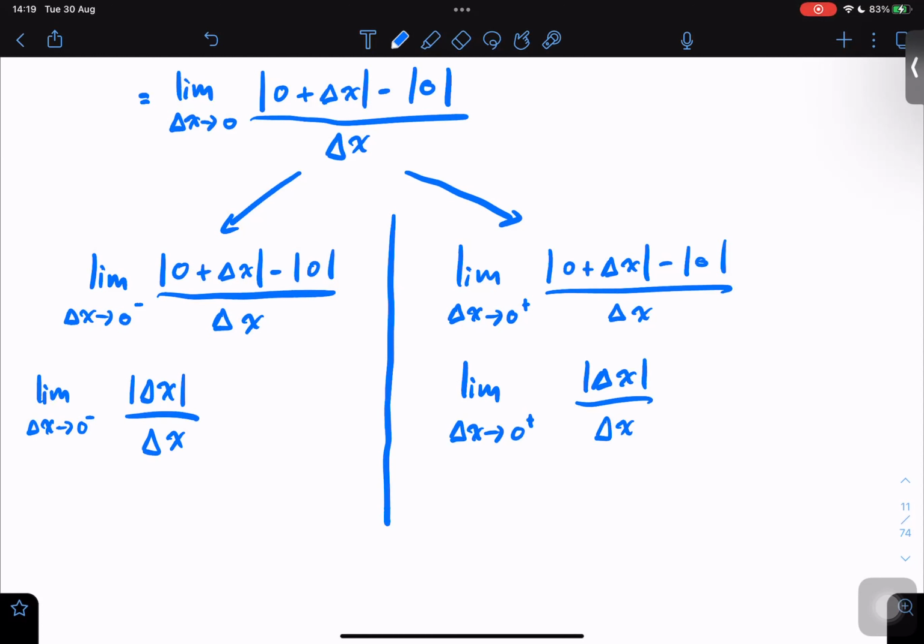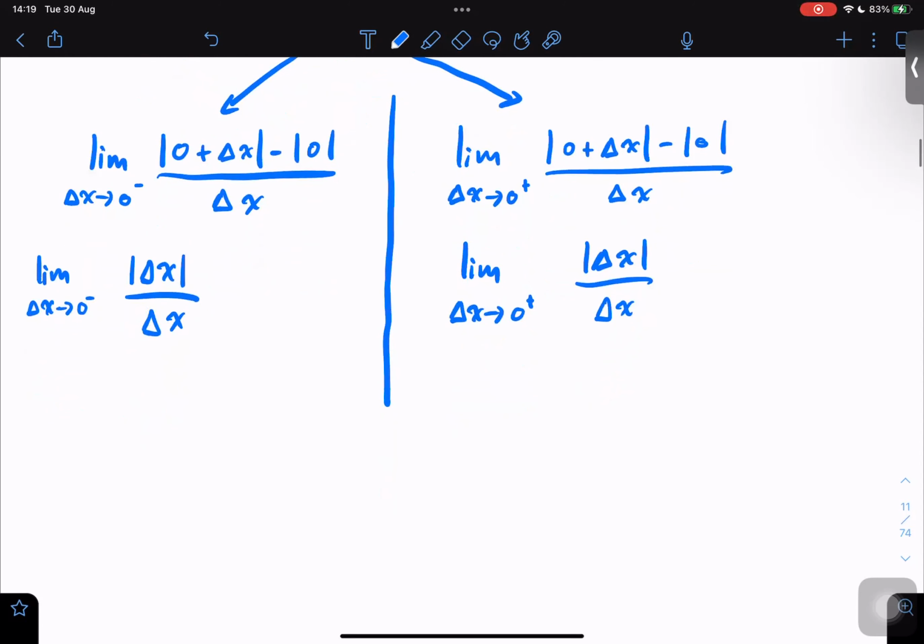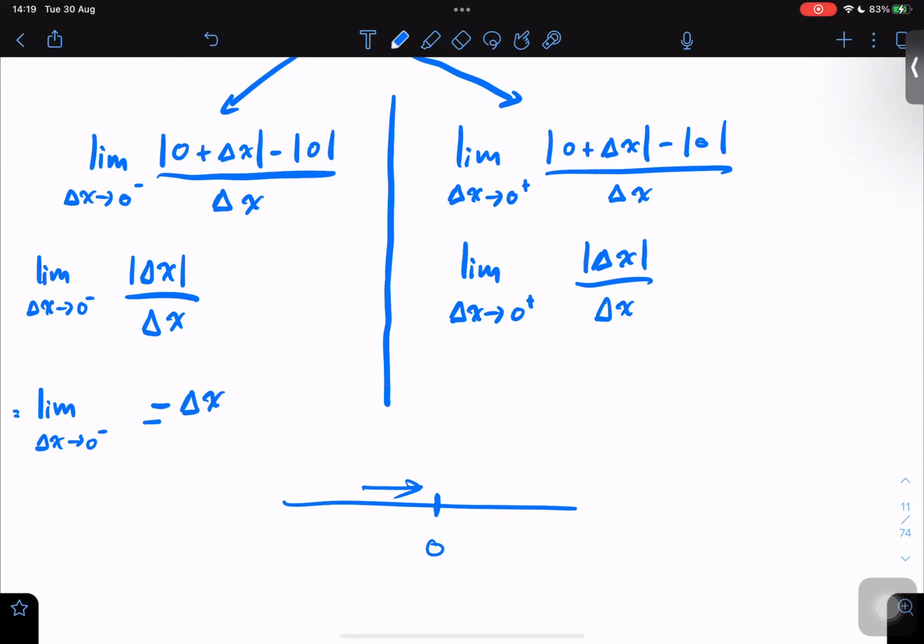It's very similar, but when it's approaching 0 from the left, what happened? It is negative, right? So the absolute value of the negative number will become minus delta x over delta x.